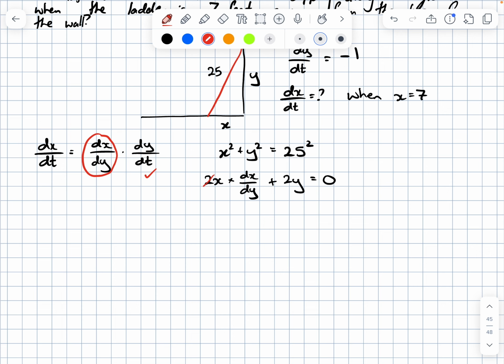We can now divide by 2 and rearrange to get x times dx/dy equals -y, and so dx/dy equals -y over x. Now we have an equation for dx/dy.